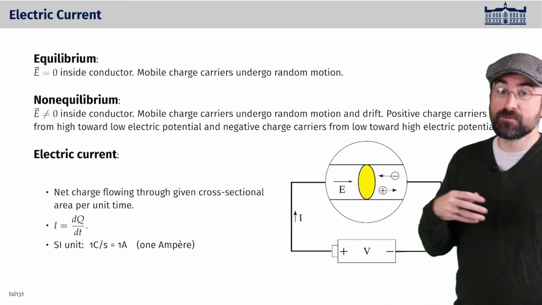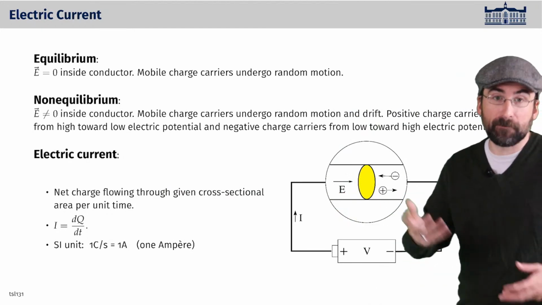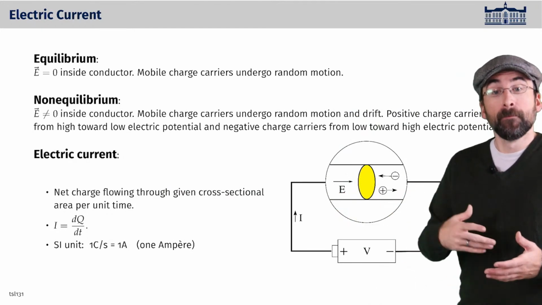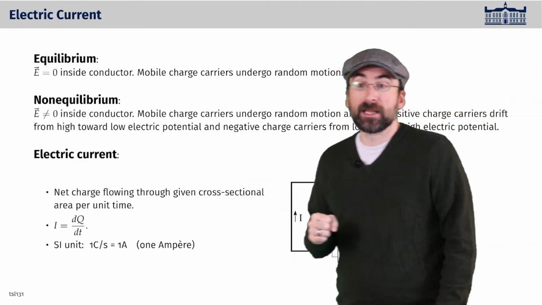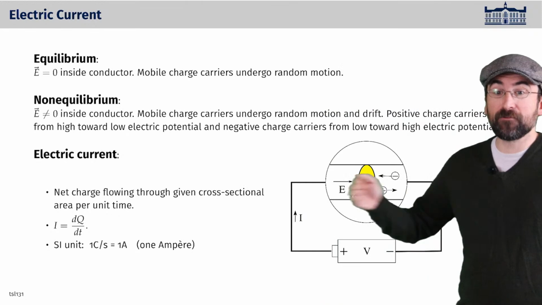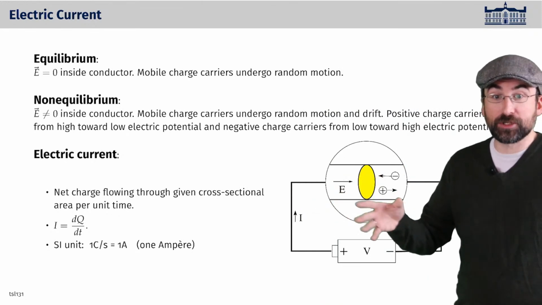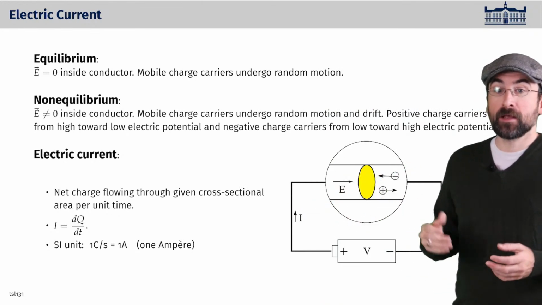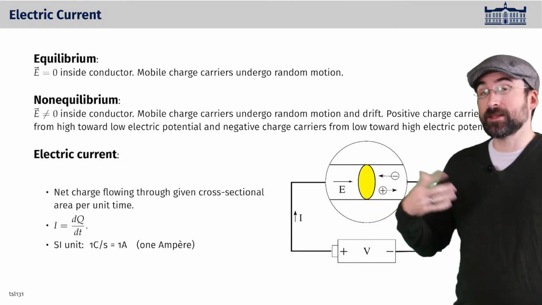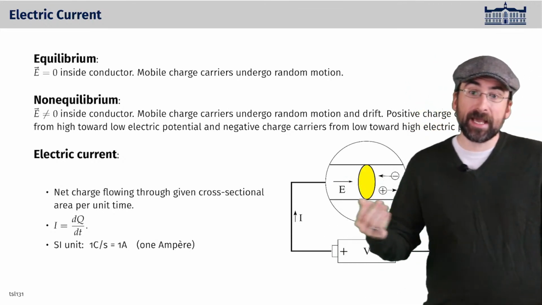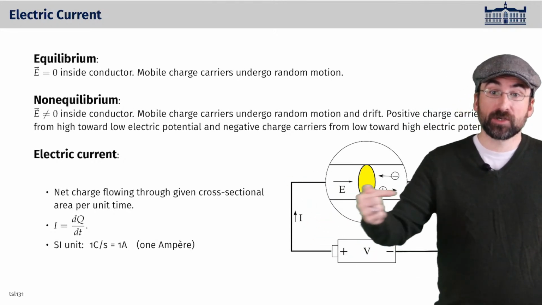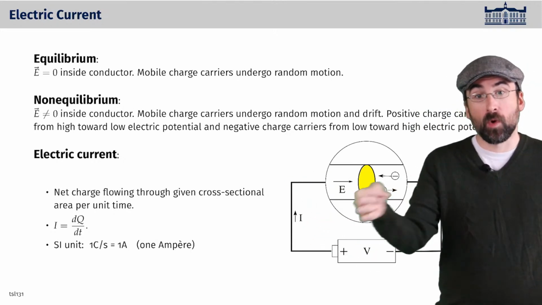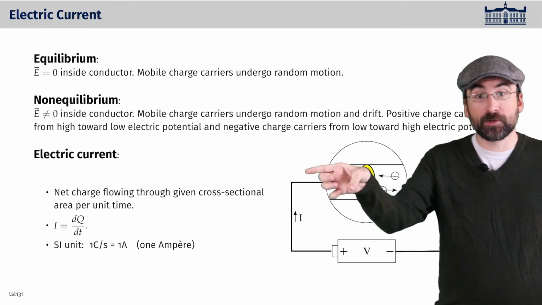Anytime you have charge moving through a circuit, well really, whenever you have charge moving in general, but we're specifically talking about circuits, you have what is called an electric current, which is a net flow of charge through a region per unit time. So if you imagine I'm just sitting on the side of the highway, and I am counting how many cars pass me. I have cars going in one direction in one lane, and cars going in the other direction in the other lane.